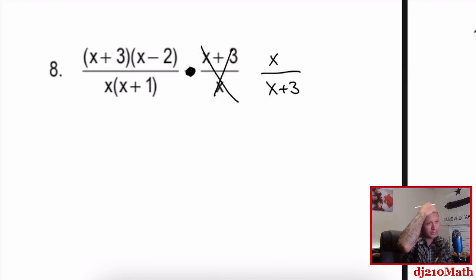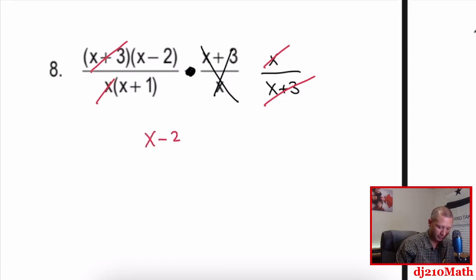So that means we can start canceling things. So x plus 3 in the denominator, x plus 3 in the numerator. Single x in the numerator, single x in the denominator. Okay, that's it. Writing what's left over: x minus 2, x plus 1. Not bad.